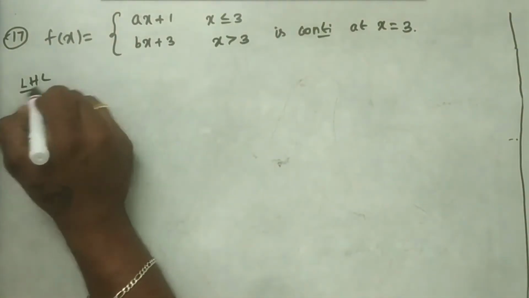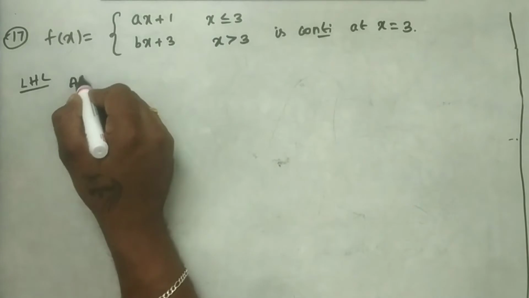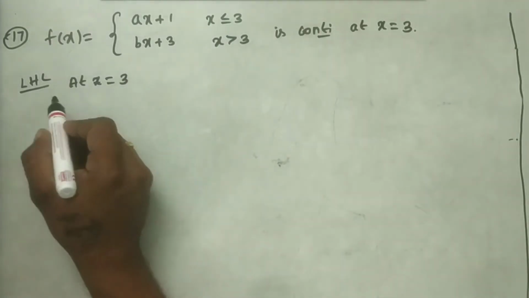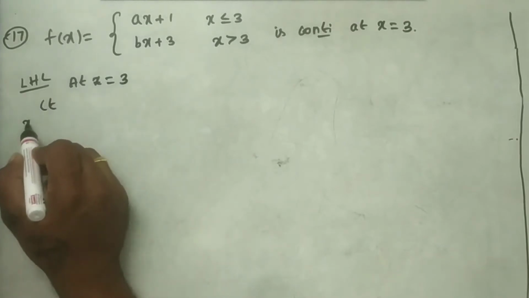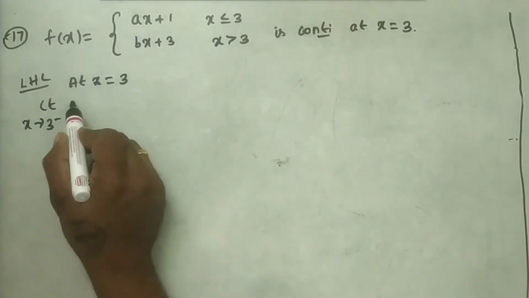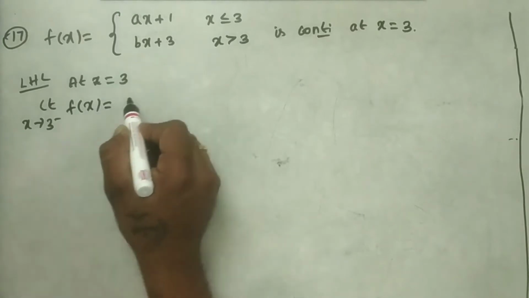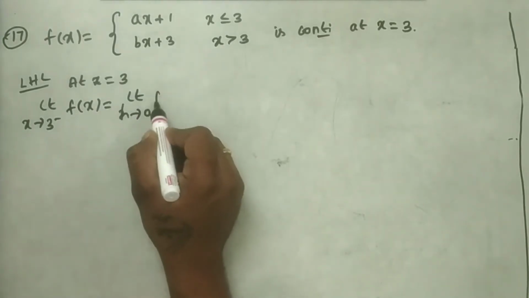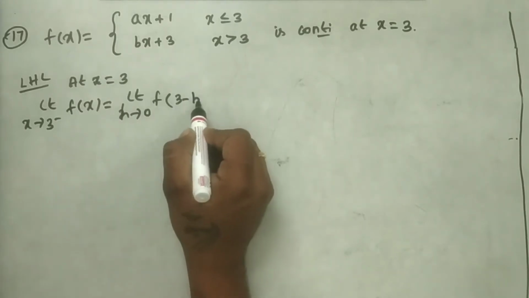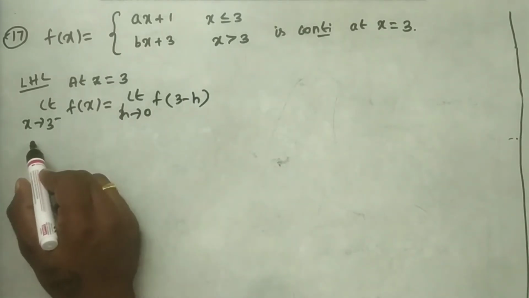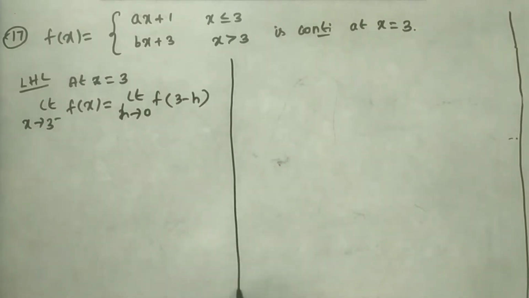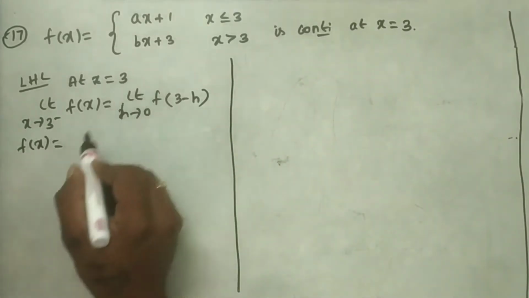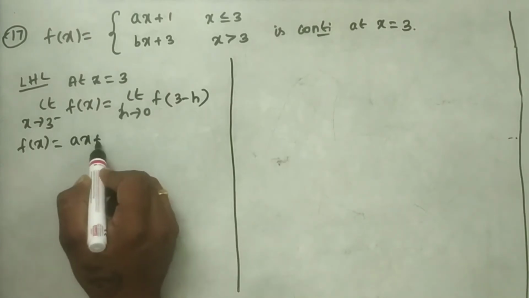So what is LHL now? LHL at x equals 3. Limit x tends to 3 minus f of x equals limit h tends to 0 f of 3 minus h. In this case, x is less than 3, so f of x is ax plus 1.